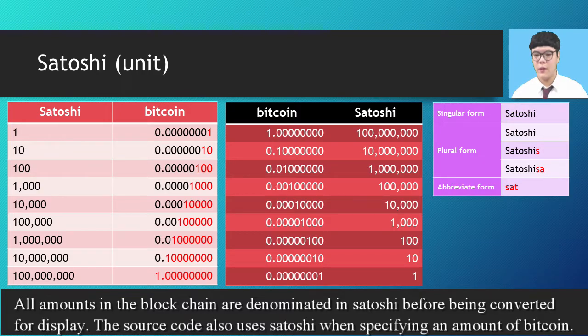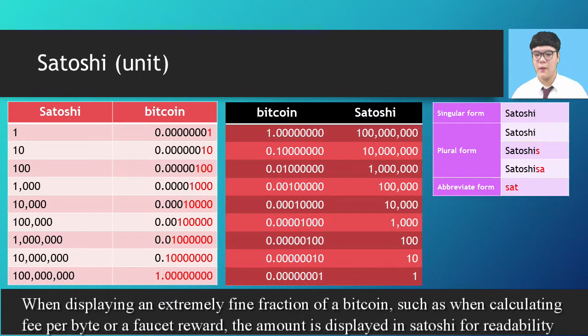All amounts in the blockchain are denominated in Satoshi before being converted for display. The source code also uses Satoshi when specifying an amount of Bitcoin.